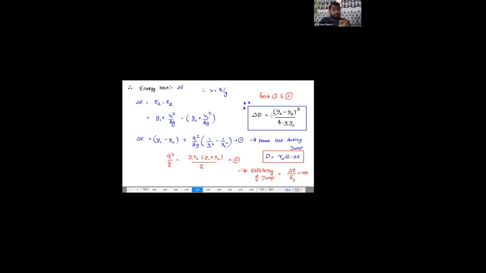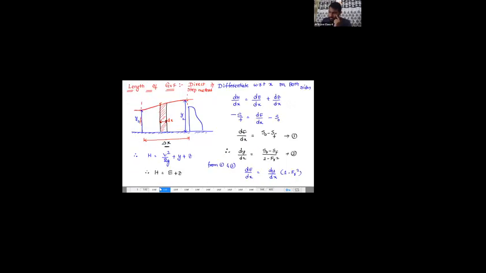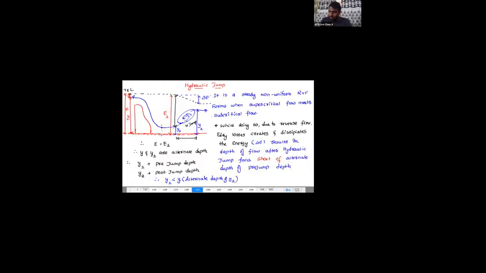So I can say that if the energy loss is more, then the jump effect is very high. The more the efficiency of the jump, the more the energy loss. So the strength of the jump depends upon the inlet Froude number. Whatever flow is coming in, there must be one Fr1.